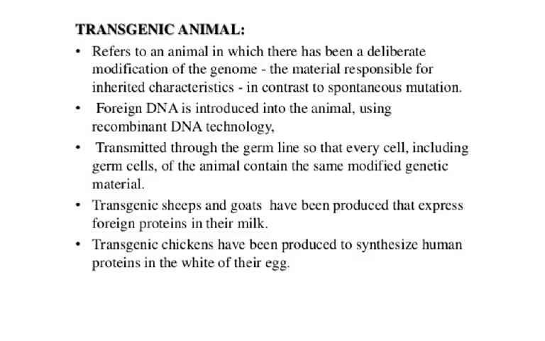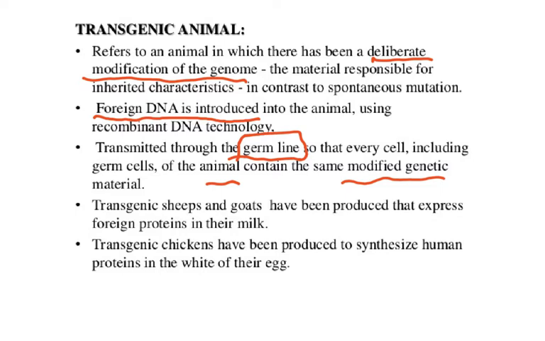Now, what is the definition of a transgenic animal? It refers to an animal in which there has been a deliberate modification of the genome, and foreign DNA is introduced into the animal. Because it is transmitted through the germ line, meaning the gametes, the germ cells of the animal contain the same modified genetic material.